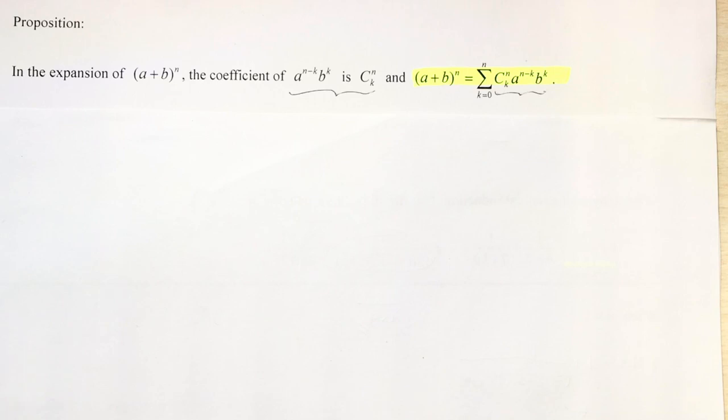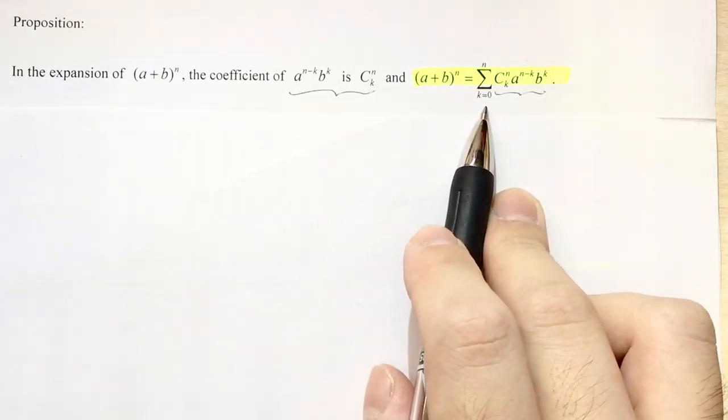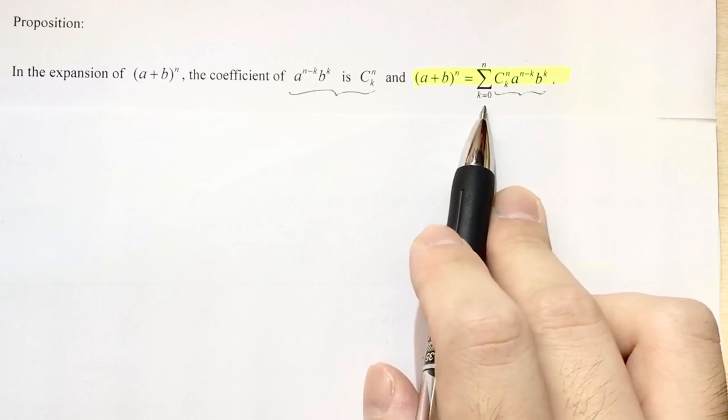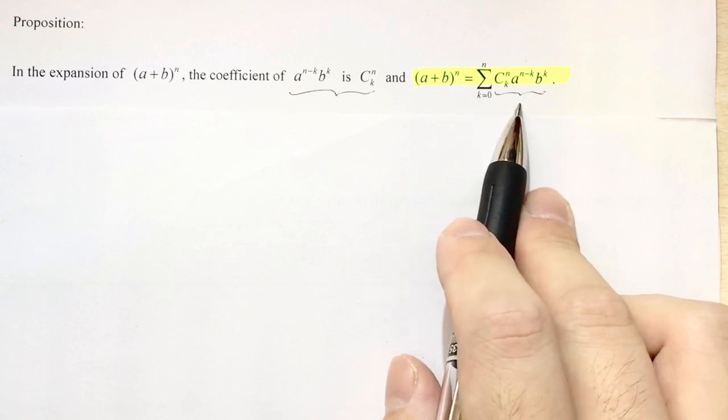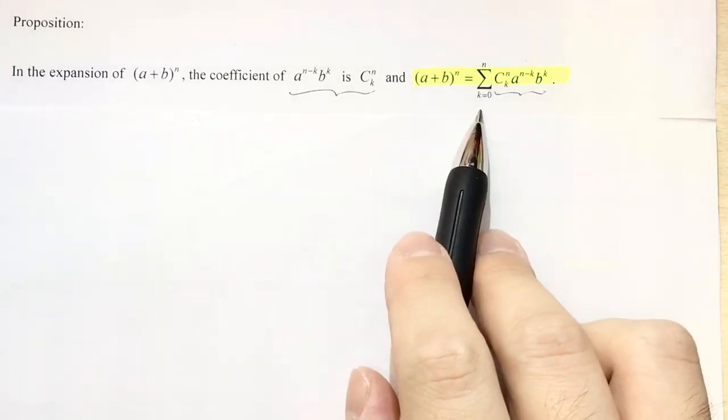Now, since we are not so familiar with the summation sign, I would like to write it down term by term and let you see the pattern. It starts from k equals 0.